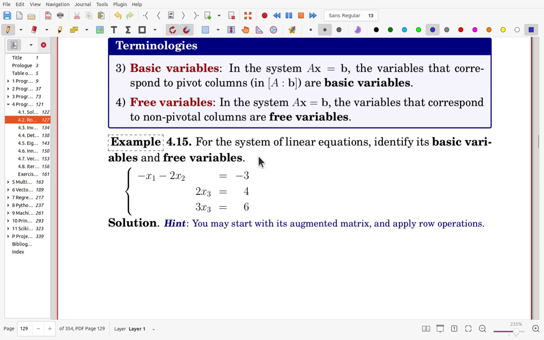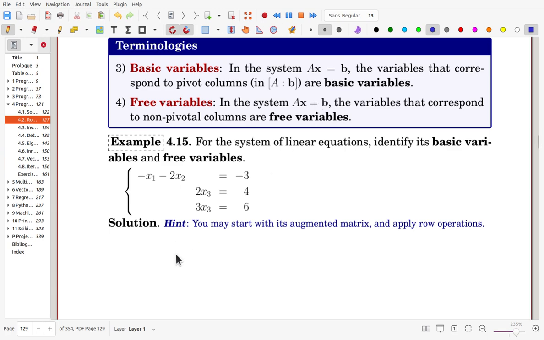For the system of linear equations, identify its basic variables and free variables. So we have to work on the augmented matrix and find the pivot positions. Then the corresponding variables are basic variables and the others are free variables.